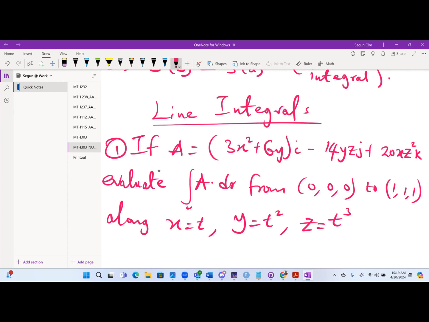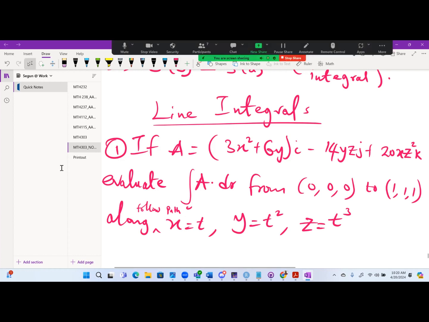It said along the following paths. Along the following path, please take notes. So those paths are the one that I just created.